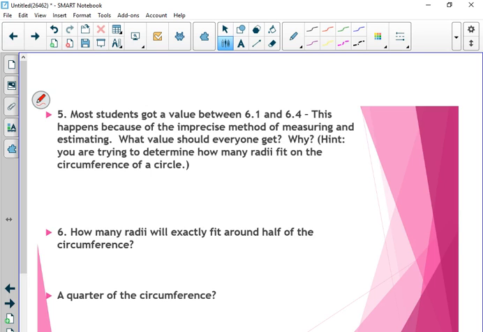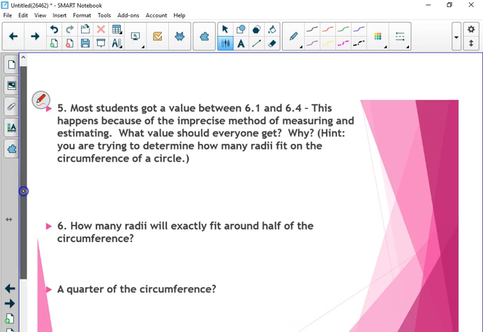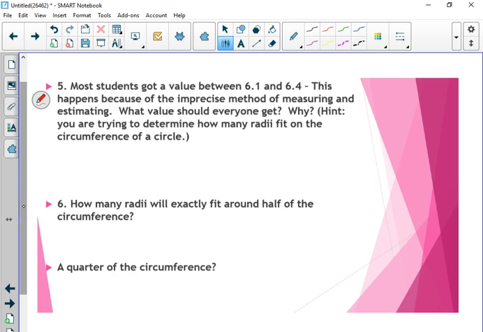Okay, so we'll figure out the exact number, but based on somewhere between 6.1 and 6.4 that you guessed, that you had to pick a decimal place, how many radii will fit exactly on half the circle, half the circumference? Well, 6.2 divided by 2, about 3.1.